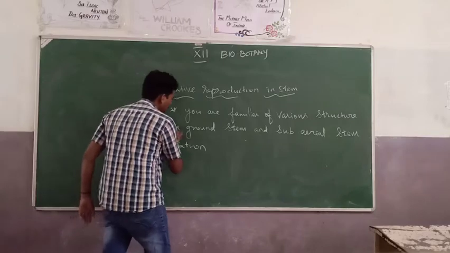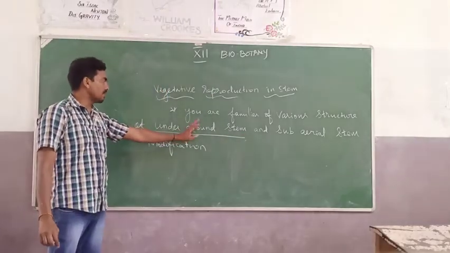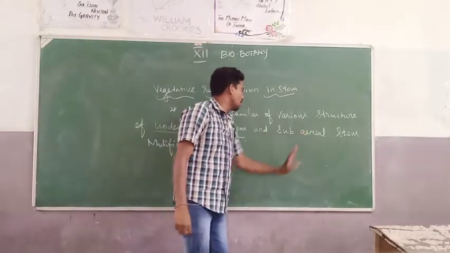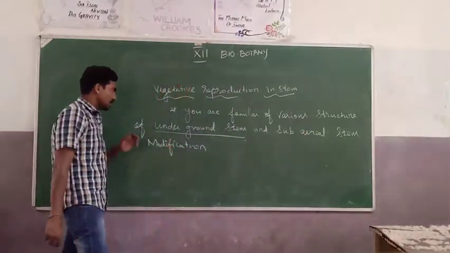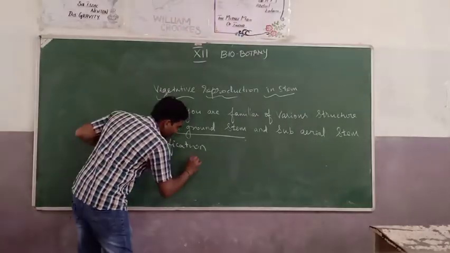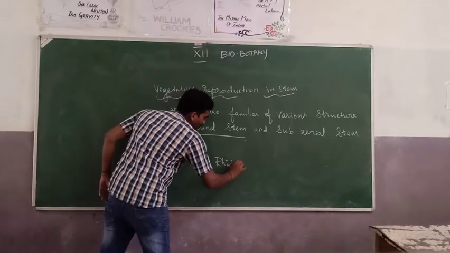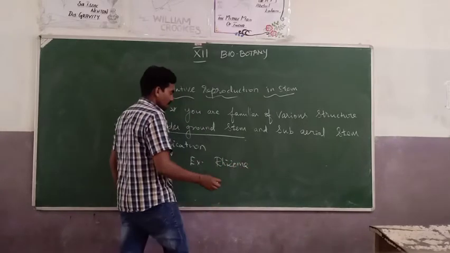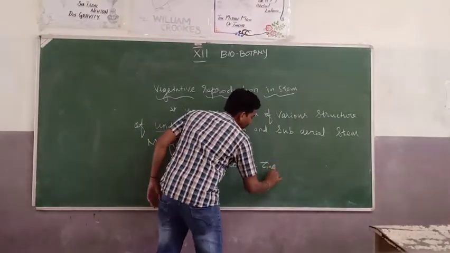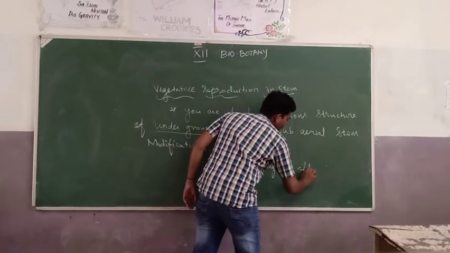Do you know about underground stem? Yes, underground stem is, for example, ginger. And subaerial stem modifications. So what are the examples? First one, rhizome, scientific name Zingiber officinale.